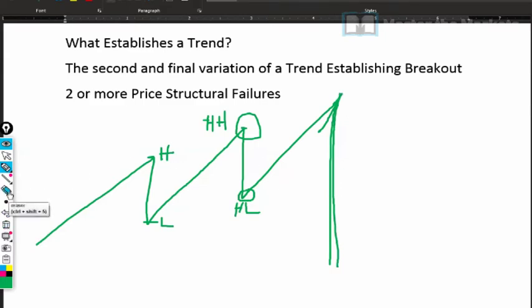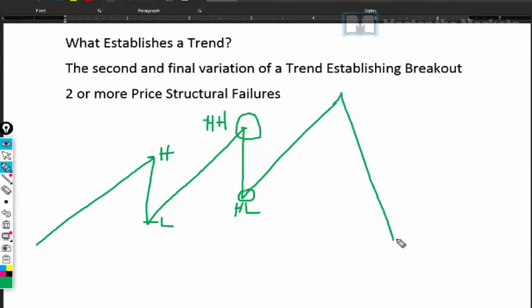I'm going to erase this, and what would more realistically happen is we have these two levels got taken out by this lower low, potentially signaling a turning point and a downtrend.